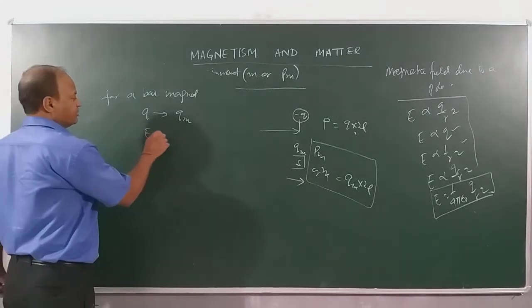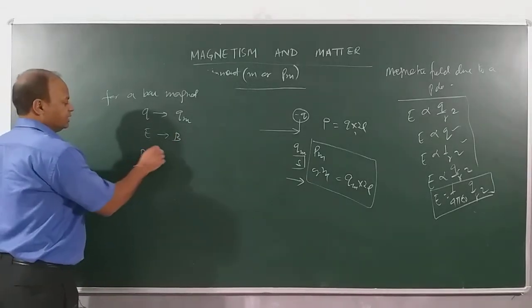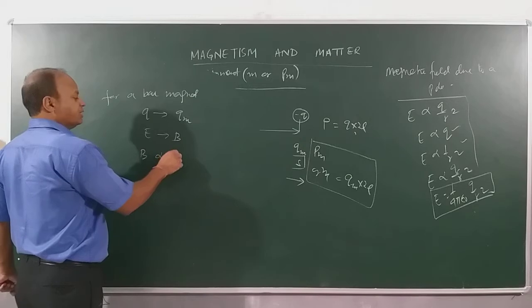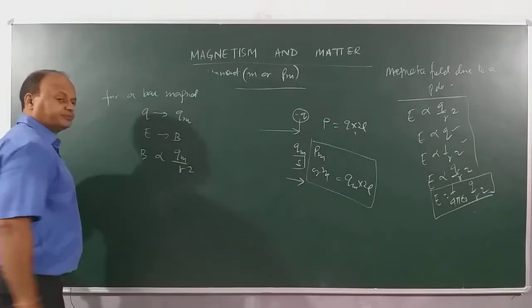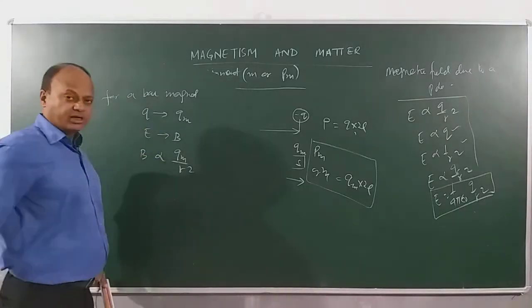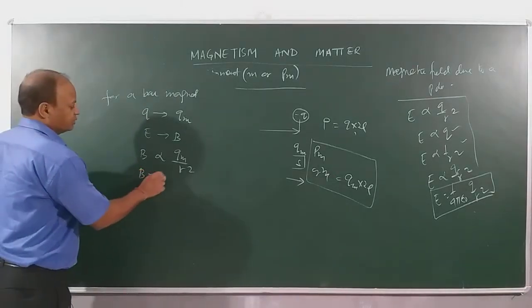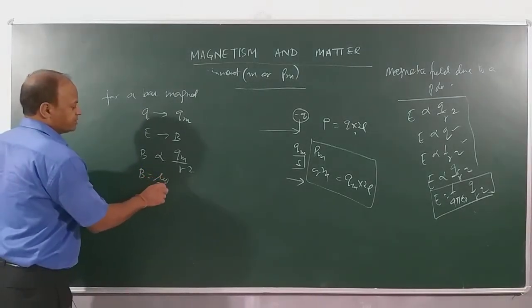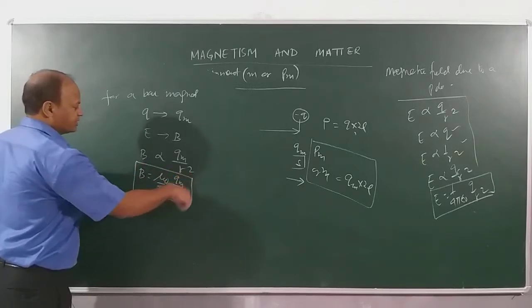And electric field is similar to magnetic field. So B is directly proportional to what? Qm by R square. In place of Q there, I am writing Qm, pole strength. R is the distance, and B is equal to mu naught by 4 pi Qm by R square. Now this is an important result.